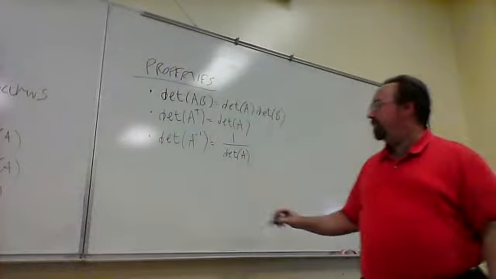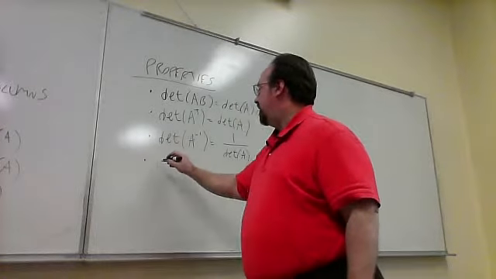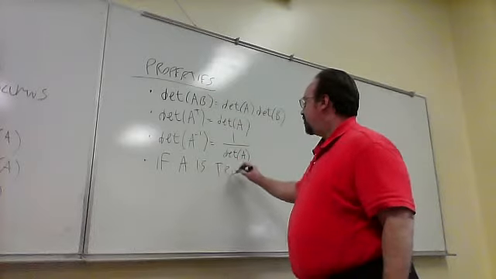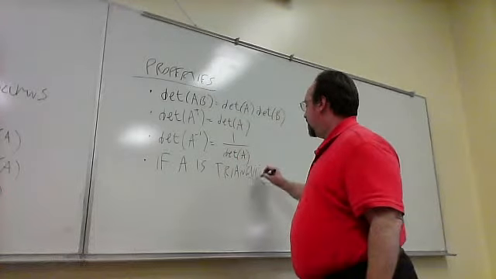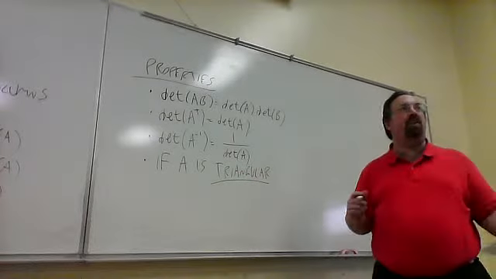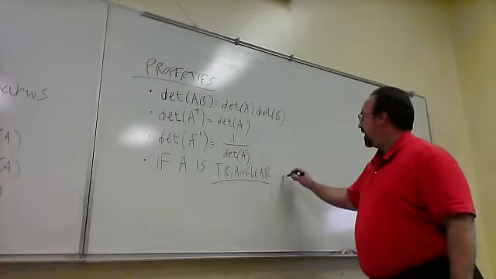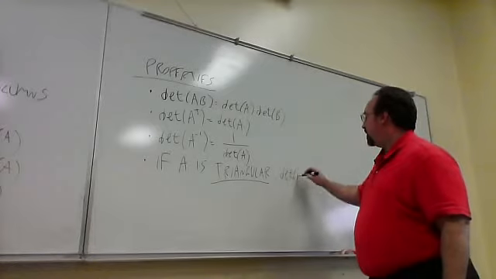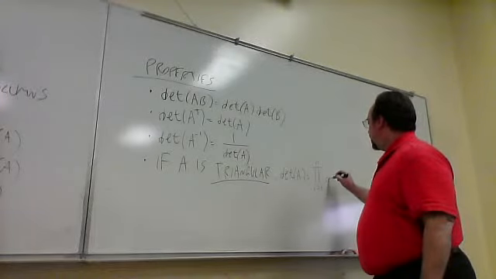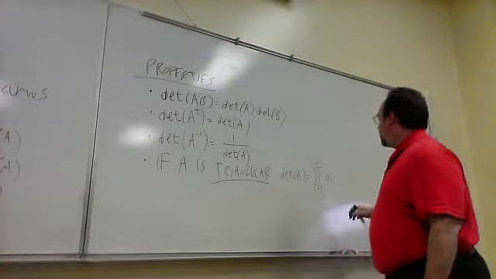And what's particular to us for computing determinants is if A is a triangular matrix, upper triangular or lower triangular, doesn't matter, then the determinant is very easy to compute. It's just the product of diagonal entries.